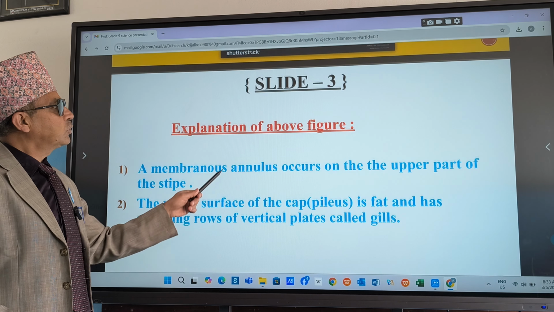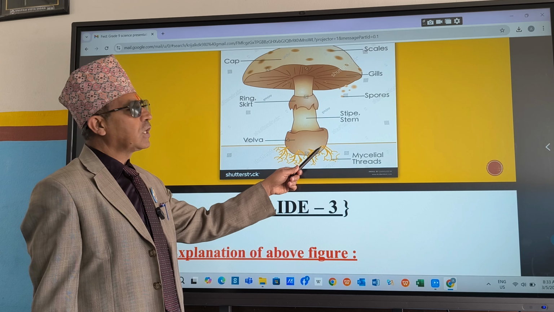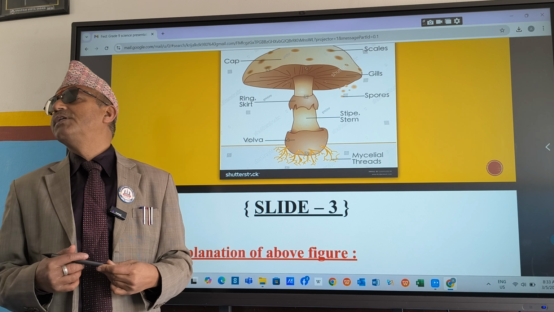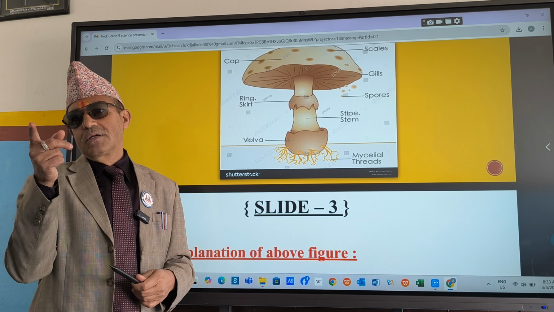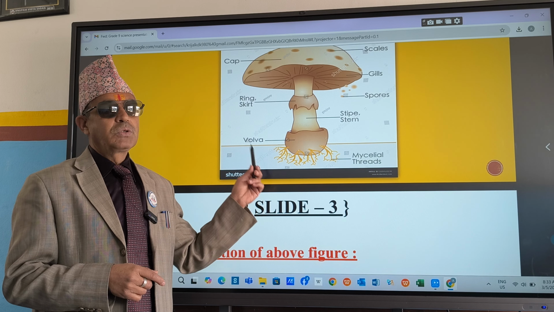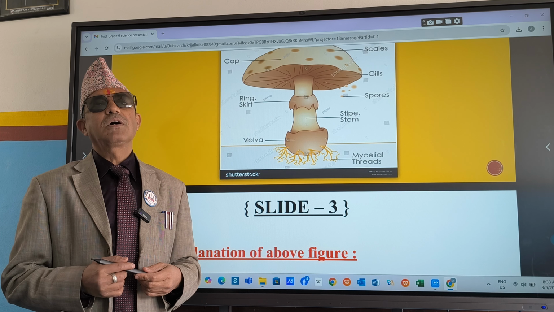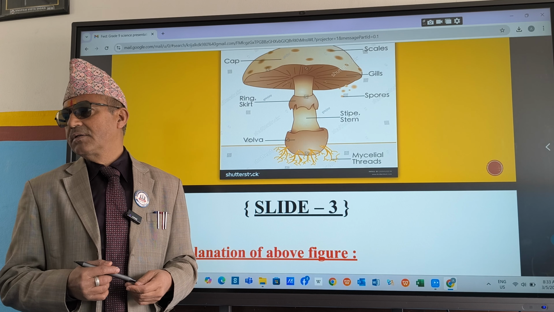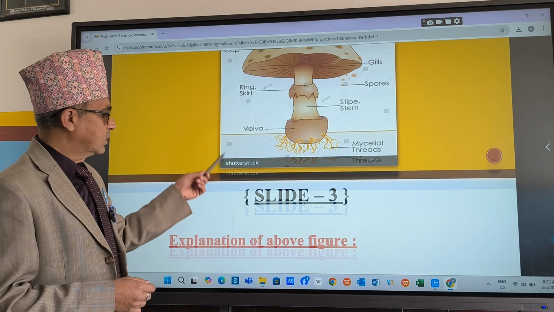The mushroom's body can be divided into two parts. The part which lies above the ground is called the fruiting body. And the part which is below the ground is called mycelia, right? The fruiting body is edible. Mycelia is non-edible.